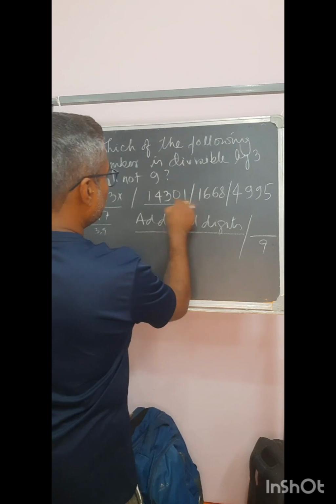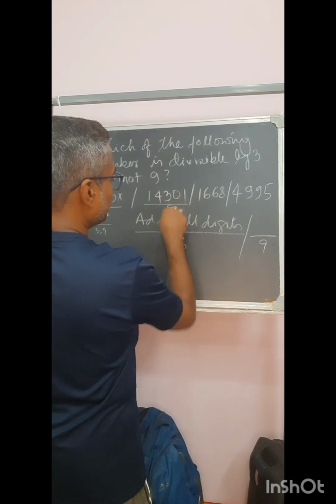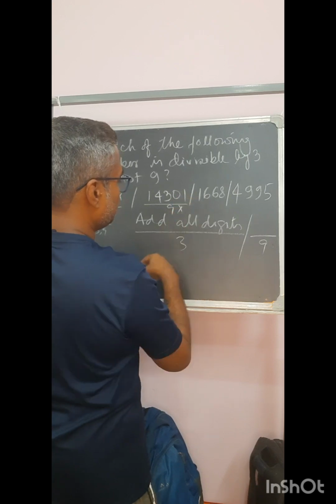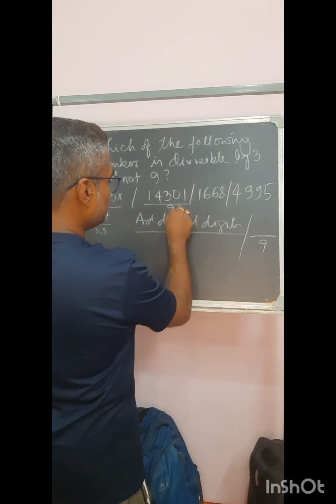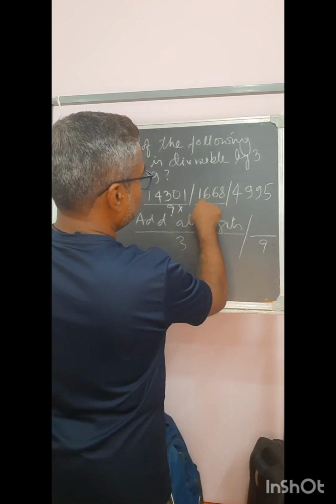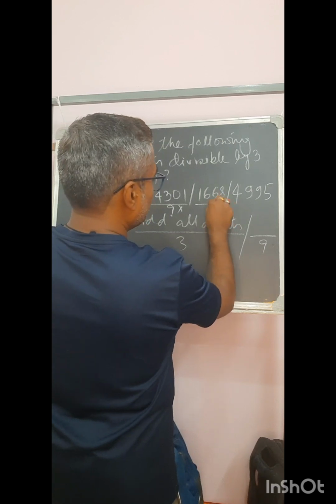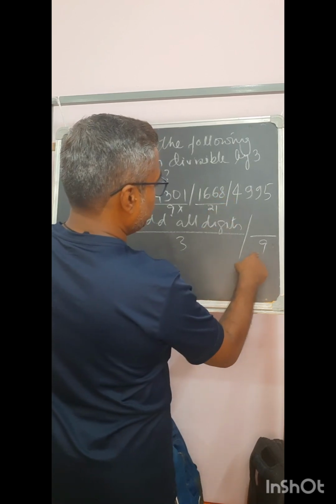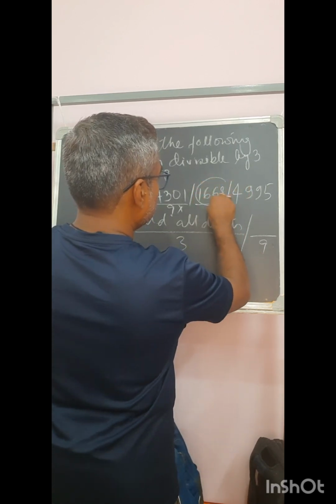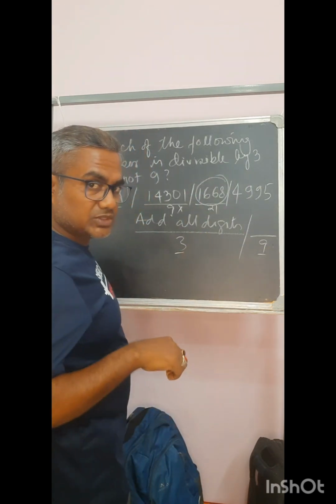Now come here, 1 plus 4 is 5, plus 3 is 8, plus 1 is 9. It also cannot be, because it is divisible by both 3 and 9. Let me come here, 1 plus 6 is 7, 7 plus 6 is 13, plus 8 is 21. Is it divisible by 9? So this is not divisible by 9, although it is divisible by 3.